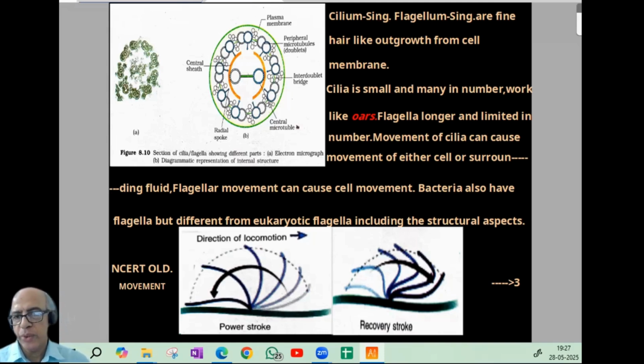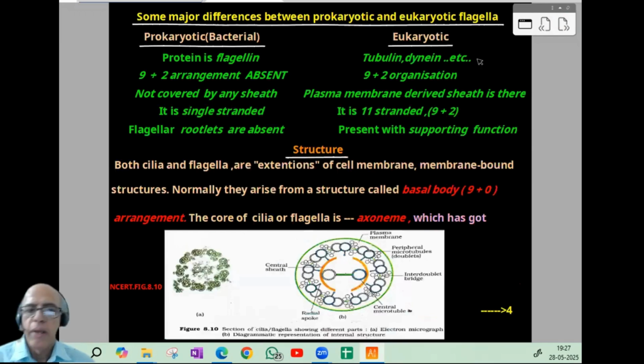Now we can proceed to the third page, where we'll be discussing differences between prokaryotic flagella and eukaryotic flagella. Many are there. I just represented 4 or 5. In prokaryotes, the protein is flagellin, while in eukaryotic flagella it is tubulin or dynein.